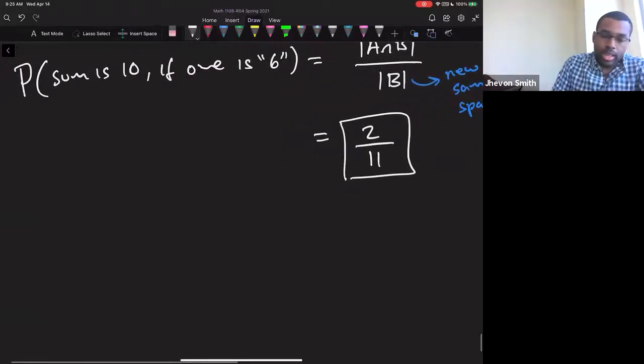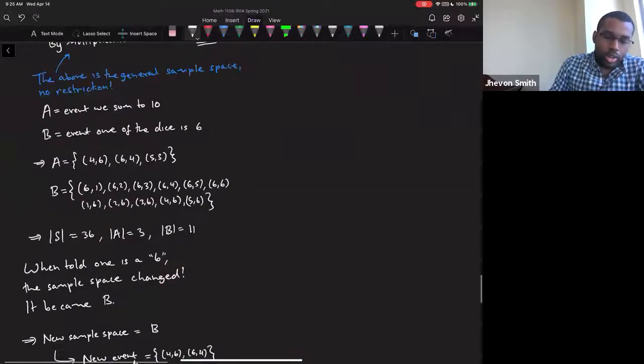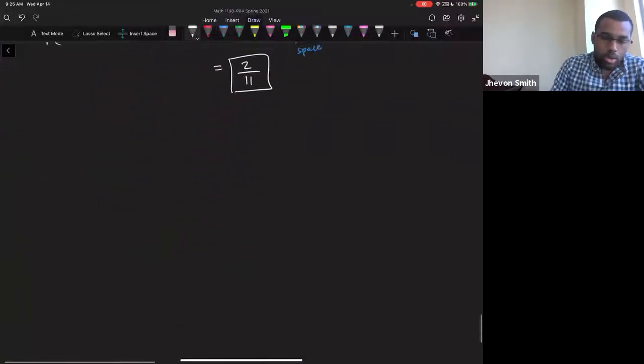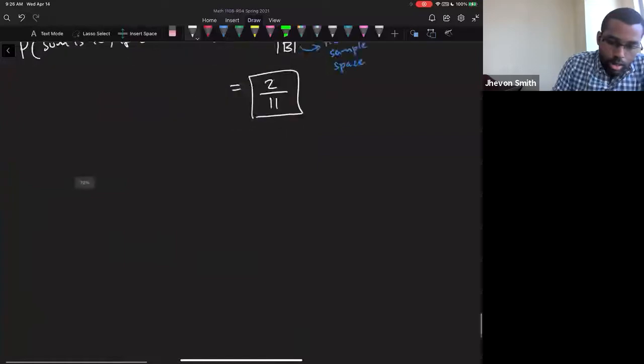Now here's a thing. You don't want to have to construct sets and intersect them all the time. So we want to find a formula.